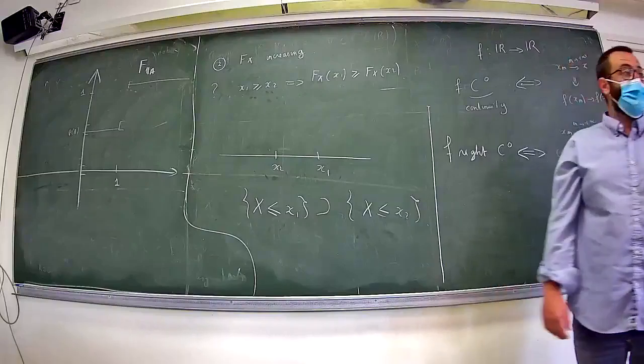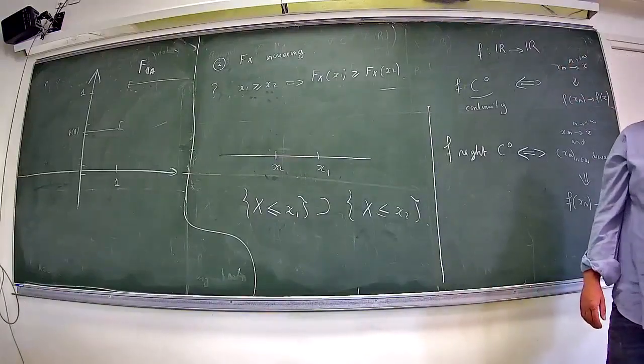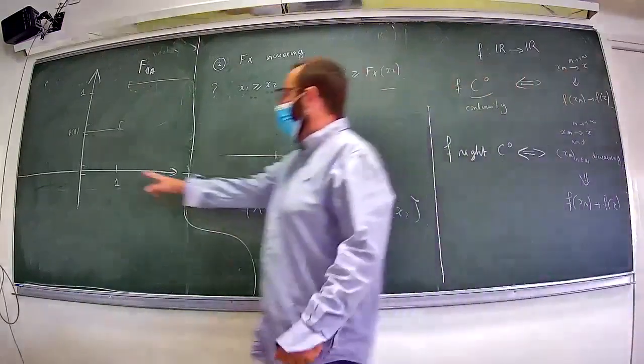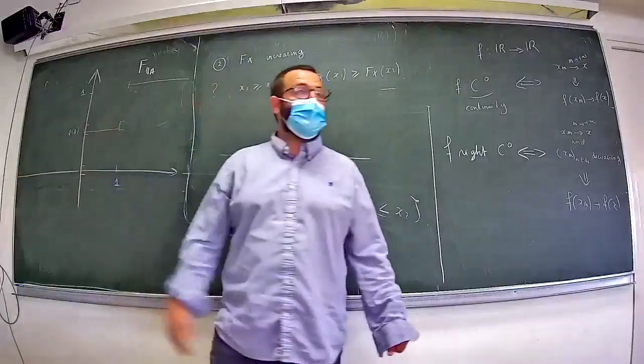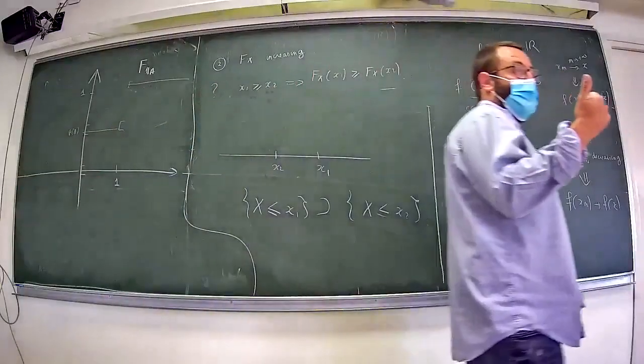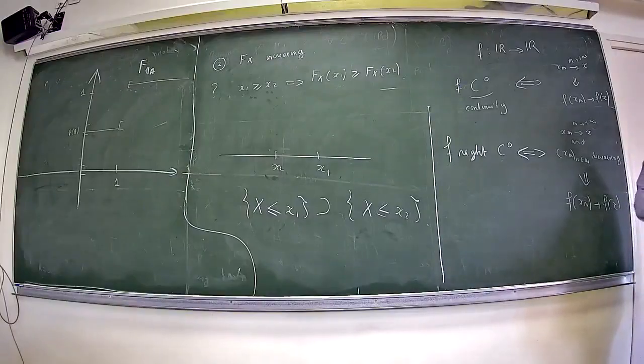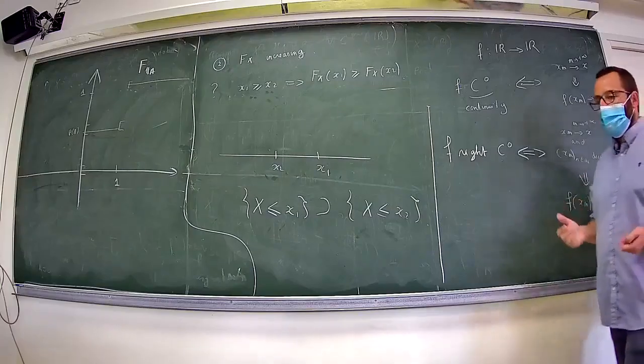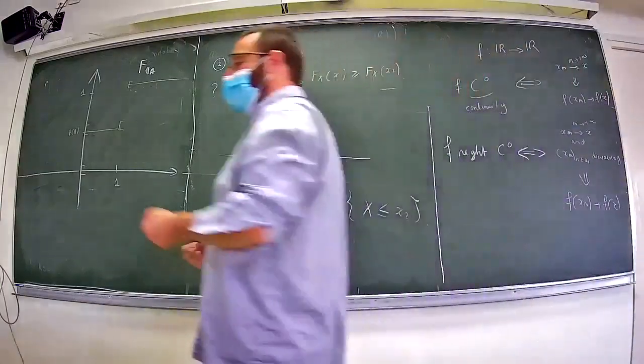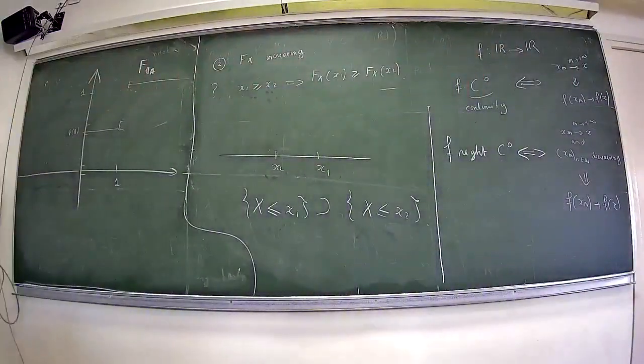If you take an increasing sequence, it doesn't work because I have my jumps. So you have here an example of a mapping that is right continuous but not continuous. Here, for a distribution function, I have only the right continuity.